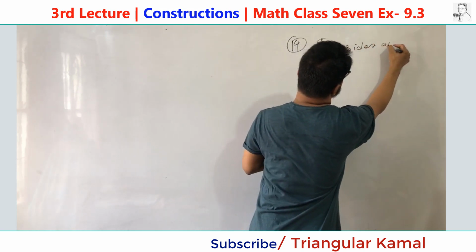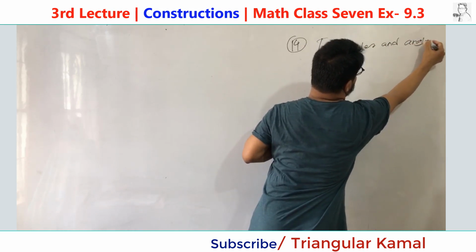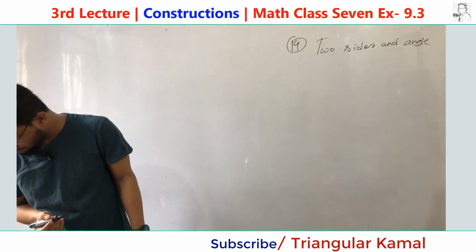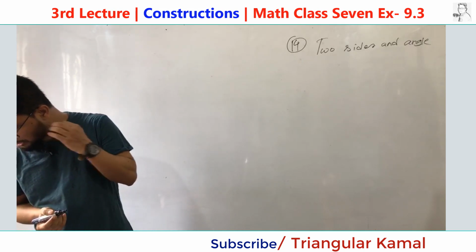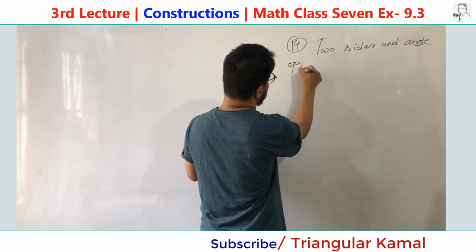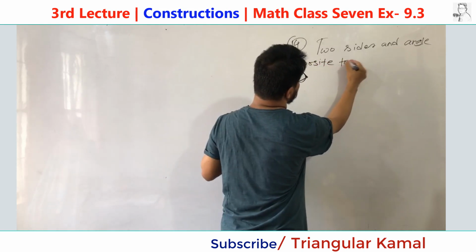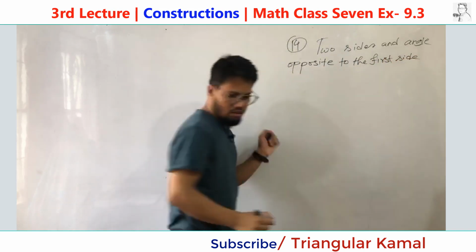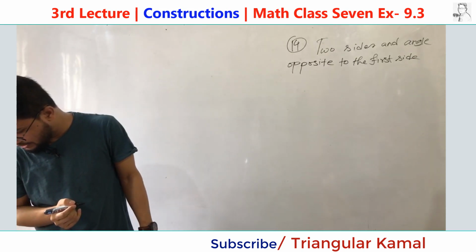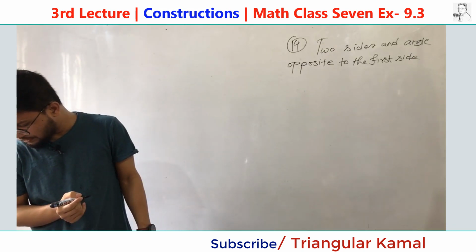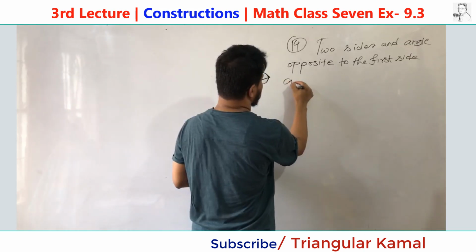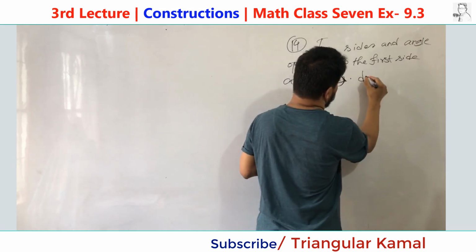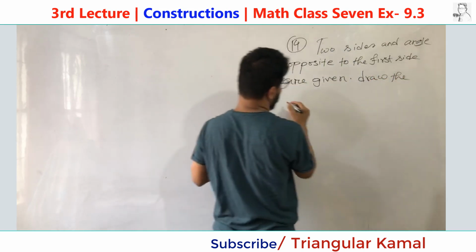Two sides and the angle opposite to the first side are given. Draw the triangle.